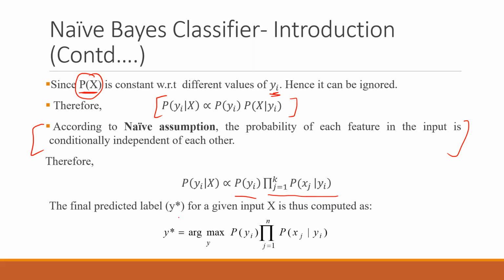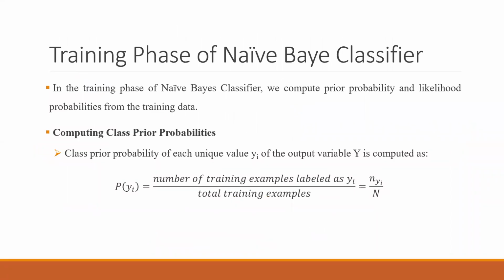So the final predicted variable y star for a given x is thus computed as argmax P of y into the product of probability of xj given yi. So this is my predicted final label. So you have to use this formula when we are going to solve. Let's see with an example. There will be an example coming soon.